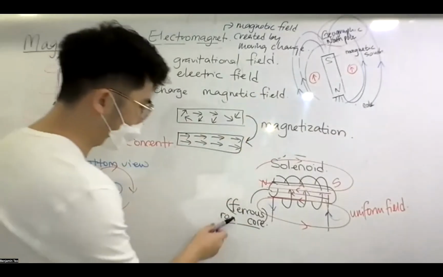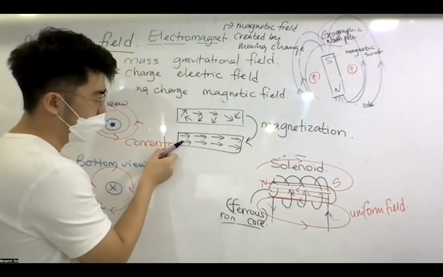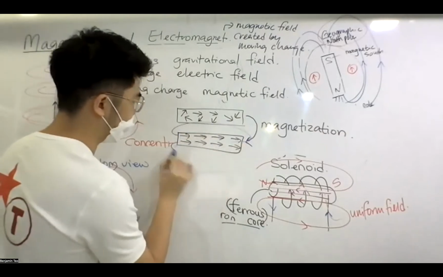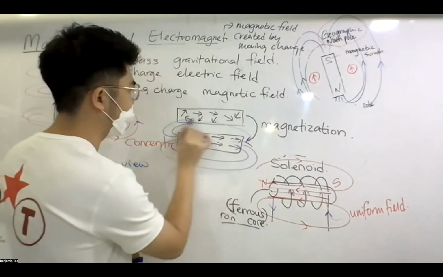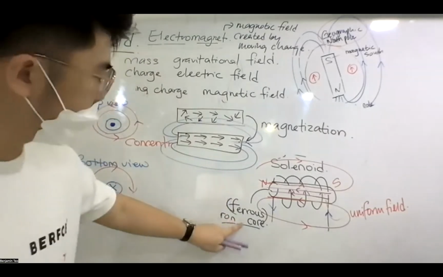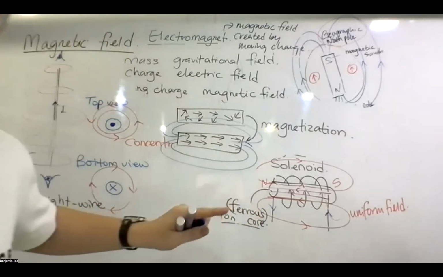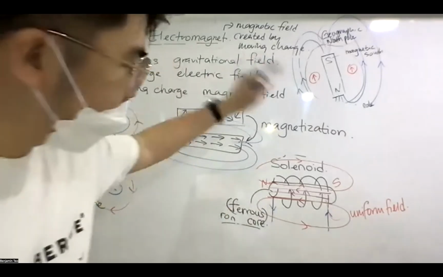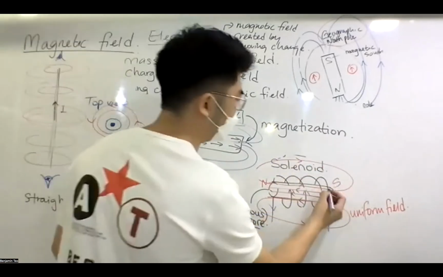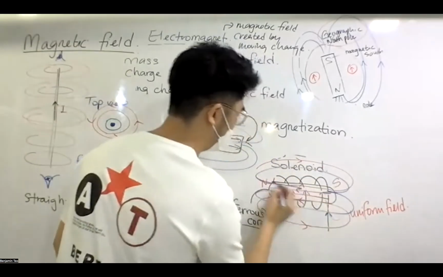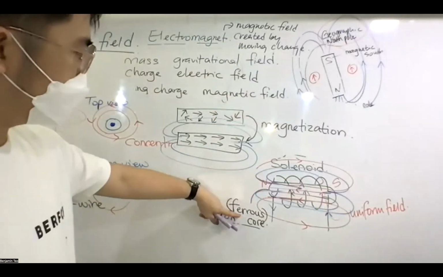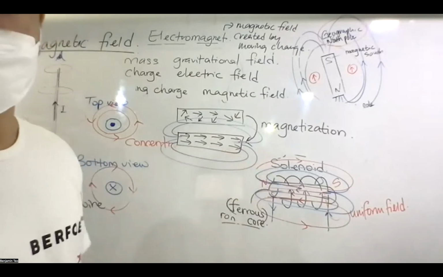So if the iron core becomes this one, what happened? This one is a magnet already, so it has field. That means the iron core now has field, and the field is added to the field of the solenoid. Now you have extra field like this. You have the field from the iron core, you have the field from the solenoid.